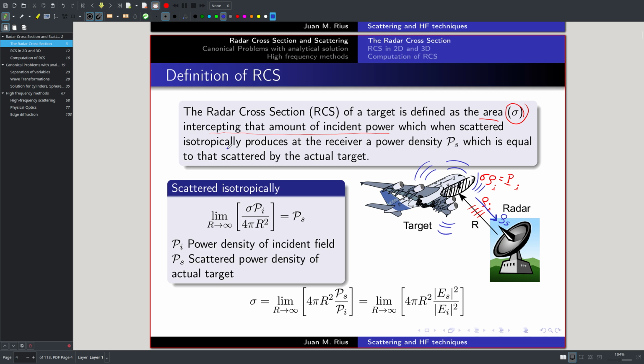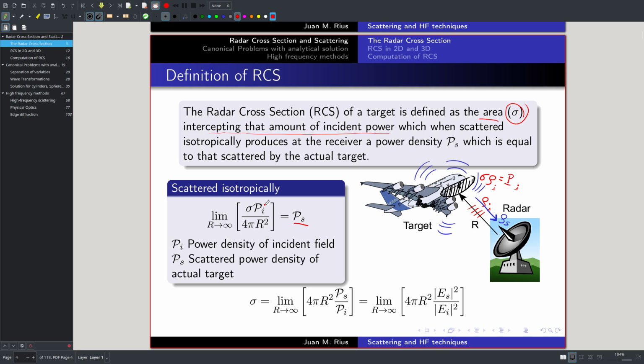So the power density scattered by the actual target, rho s, is equal to the power density isotropically scattered by the intercepting area or radar cross-section.